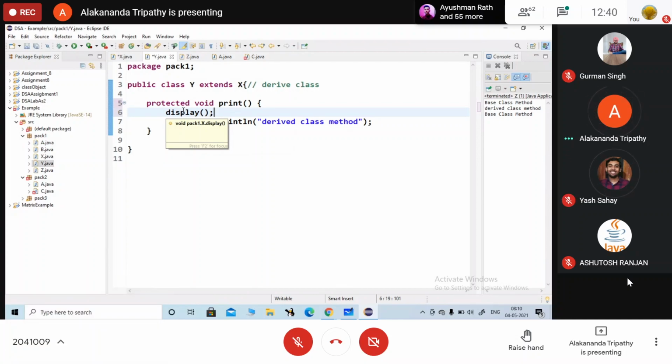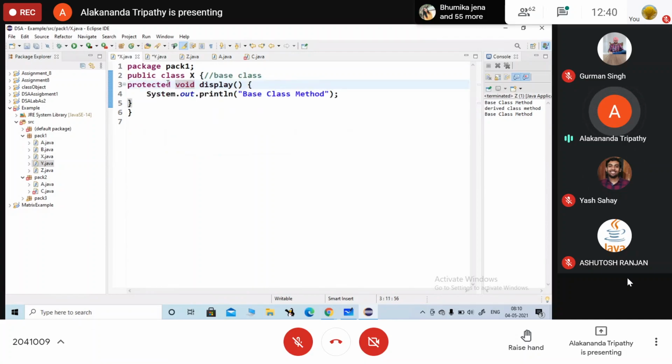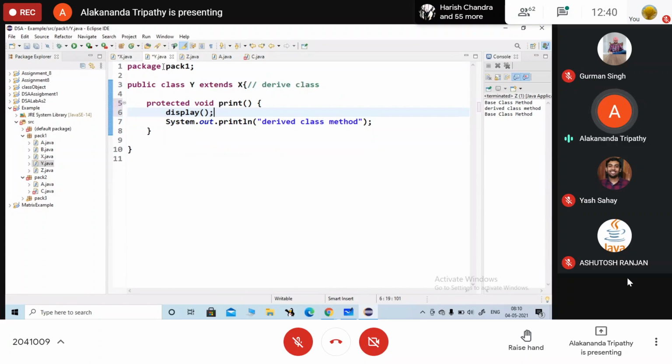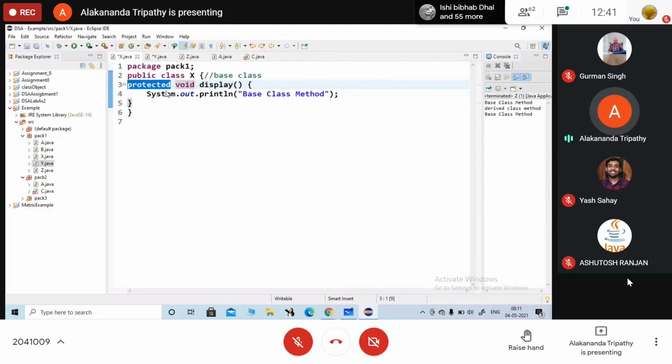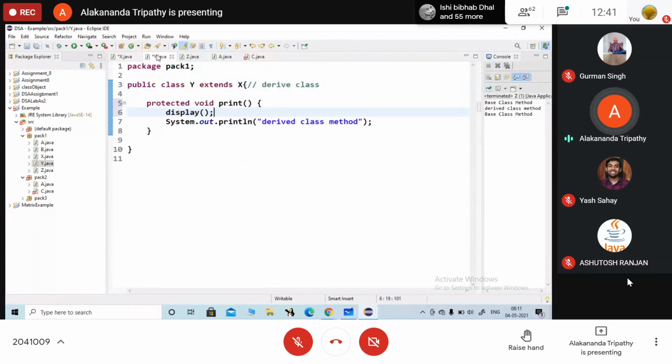No, ma'am. Okay. So if I declare a method as private, I cannot use it elsewhere. In the concept of inheritance, if a base class method is declared as private, then it cannot be used in the child class. It cannot be used in the derived class. Remember this point. If we want to use it in the derived class, what should the access specifier be?